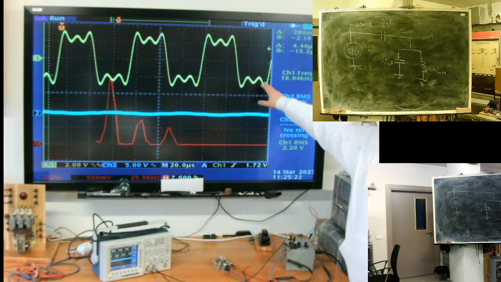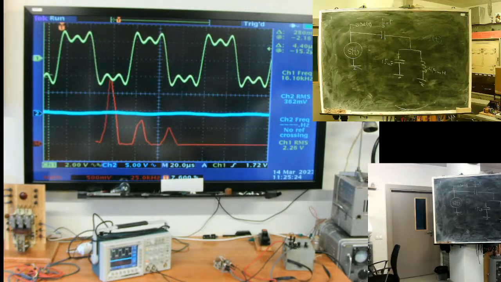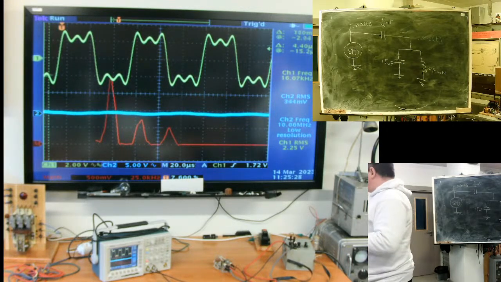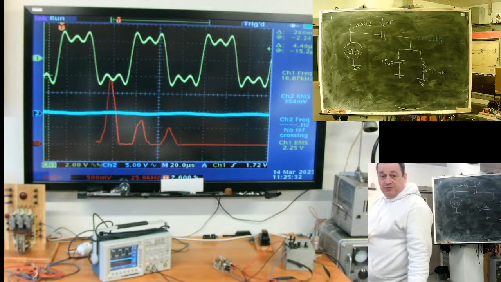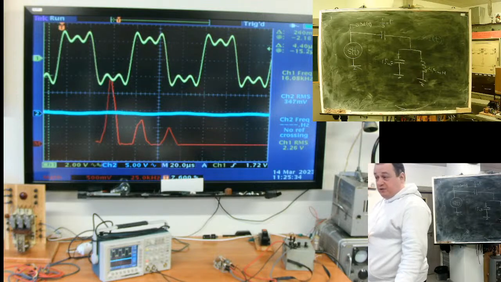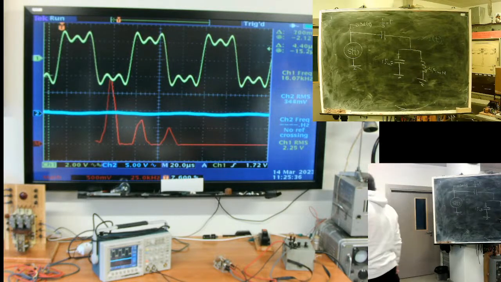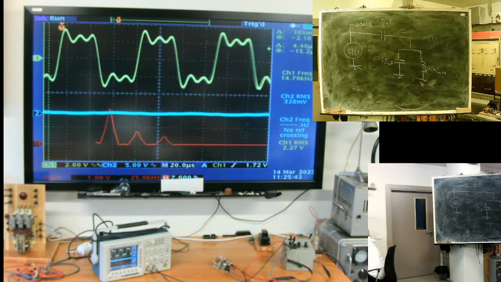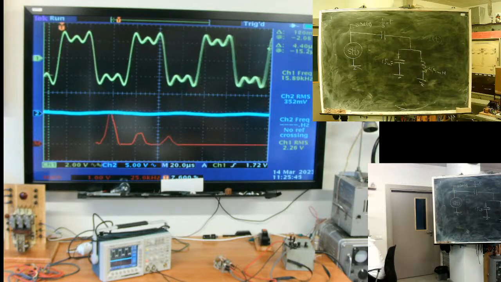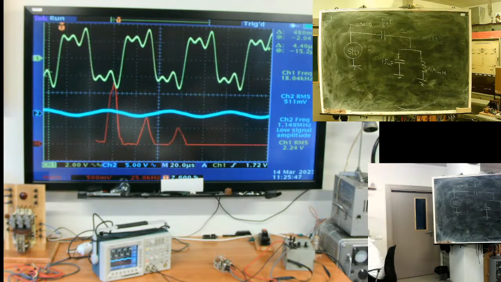What do we know about the signal? It's an approximation of a rectangular signal. 100% of the first harmonic, 1/3 or 33% of the third, and 1/5 of the fifth harmonic. Now I'll change the frequency.